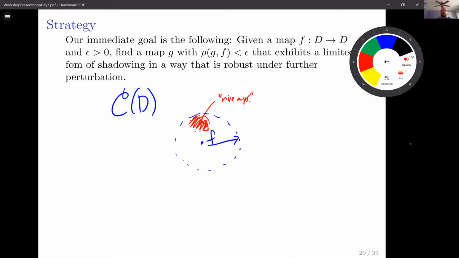And because of that, we're going to get that the set of maps that exhibit a limited form of shadowing is going to be dense. Given any F and any epsilon, we can find such a thing. It's going to be open because we have a whole open neighborhood around it that does nice things. And that's going to be our way forward to get a dense G delta worth of maps that have shadowing.